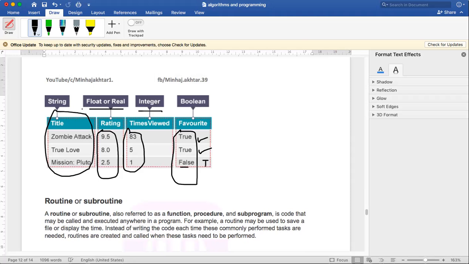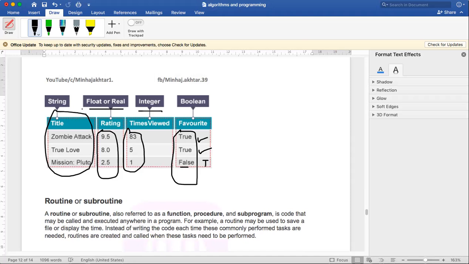It's a good movie. So guys, it means that we have a kind of a table here. In this table, we have multiple columns that fulfill the understanding of data types. In the first column, you can see the title, the name of the movie, that is called a string. The second column is called rating.